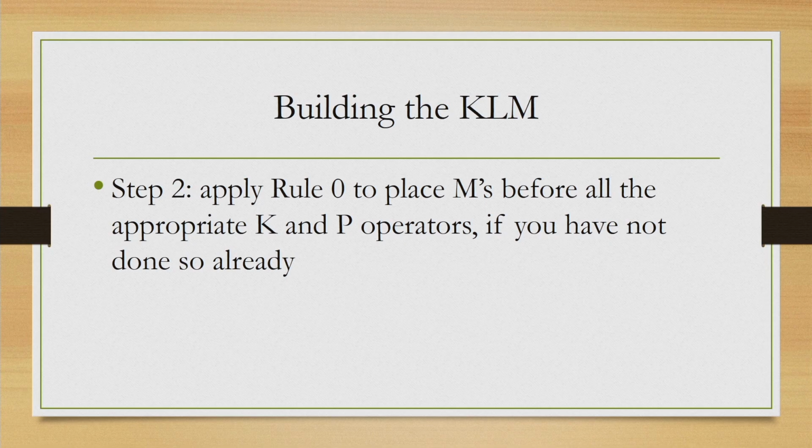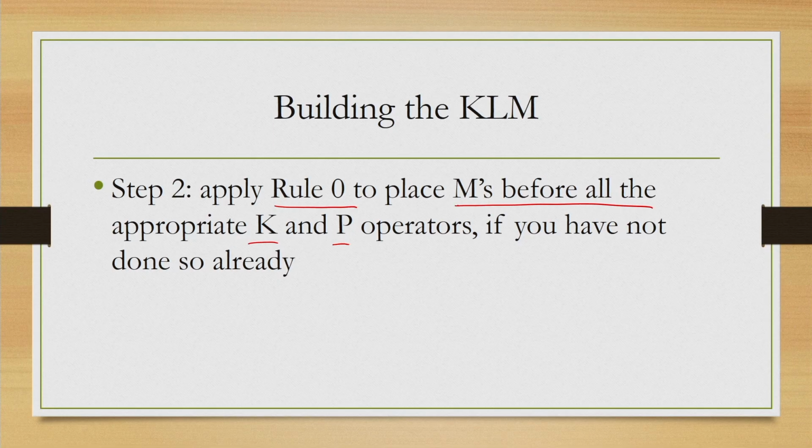This is followed by application of rule 0, which tells us where to place M's. So, we put M before all the K's and appropriate P's. Now, some of these M's might already have been there because of our informal analysis, some may not be.